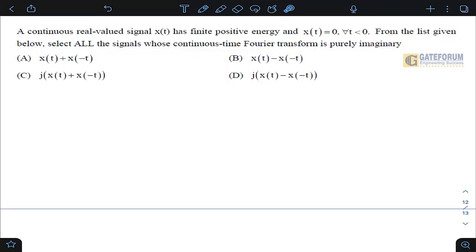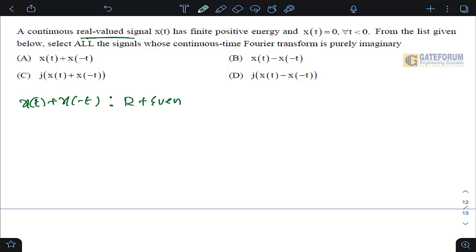So this question is based on the symmetry condition, students, right? Let us go option wise. Option A: x of t plus x of minus t. Because x of t is real, this signal is real and definitely even, because x of t plus x of minus t always indicates an even signal.